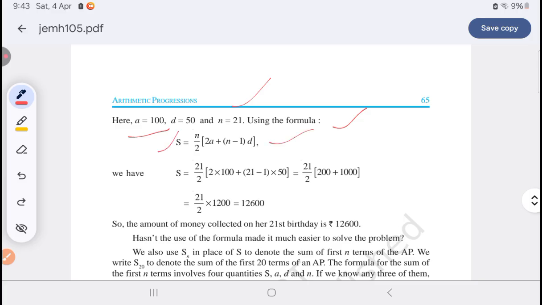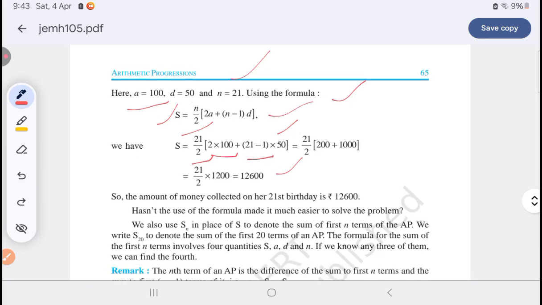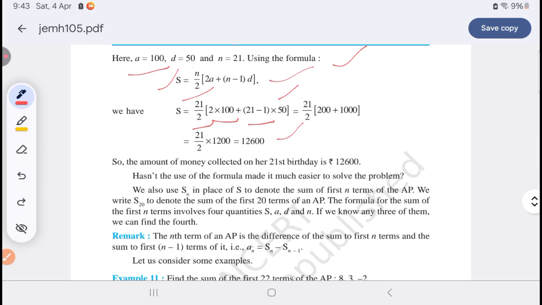So n is 21 by 2, into 2 times the first term 100, plus 21 minus 1 into the common difference 50. So the amount after 21 years, on the 21st birthday, will be 12,600.